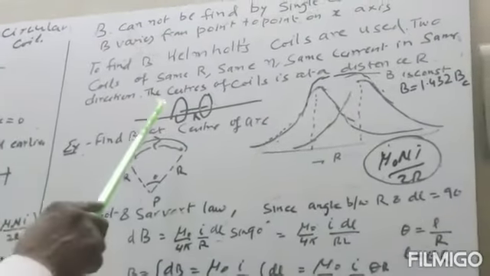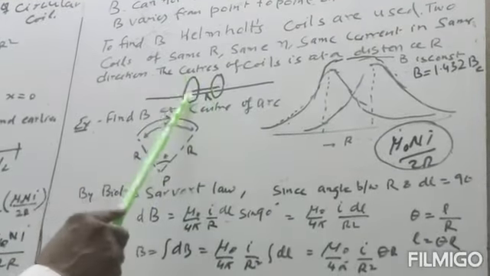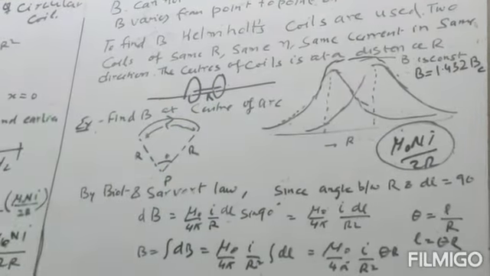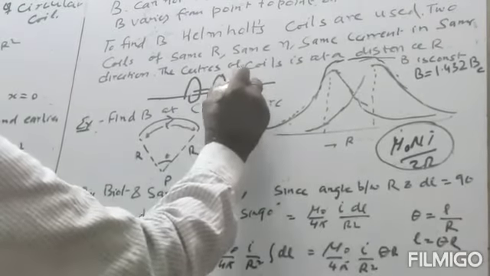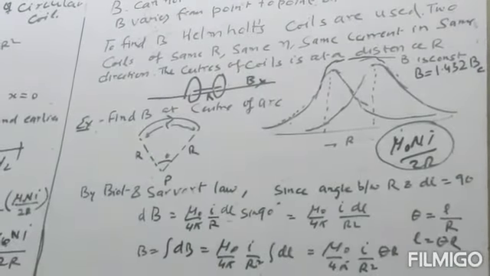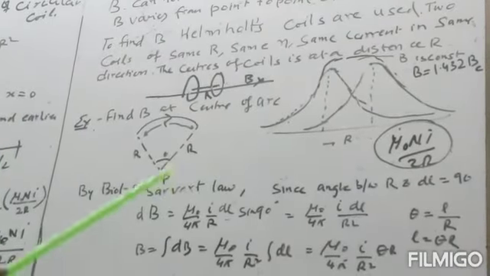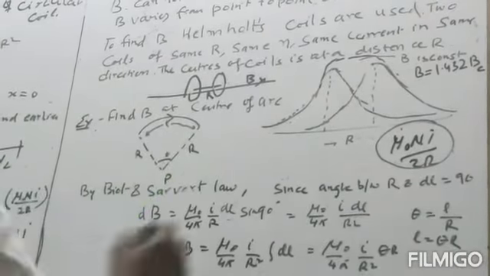Since the magnetic field due to the first coil and the second coil is in the same direction, the x direction, they will be added. So the total magnetic field due to both coils is given by this dotted curve.